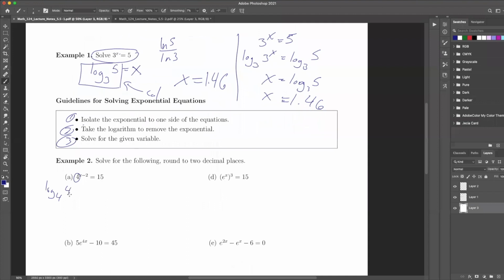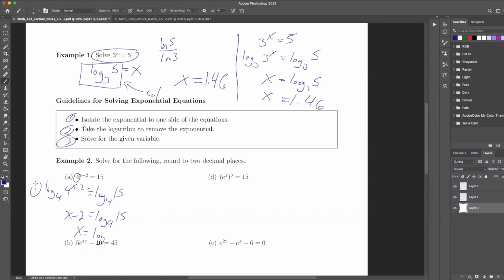My base is 4, so log base 4 of 4 to the x minus 2 equals log base 4 of 15. The log base 4 of 4 to the x minus 2, if you remember from our little rules, is just x minus 2. Log base 4 of 15, whatever it is, is just some number I can crunch in a calculator, right? Then I'm going to solve for my variable.